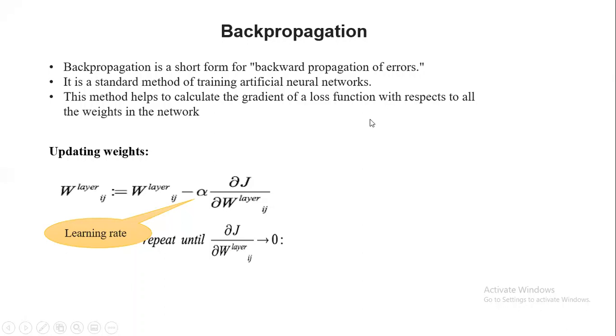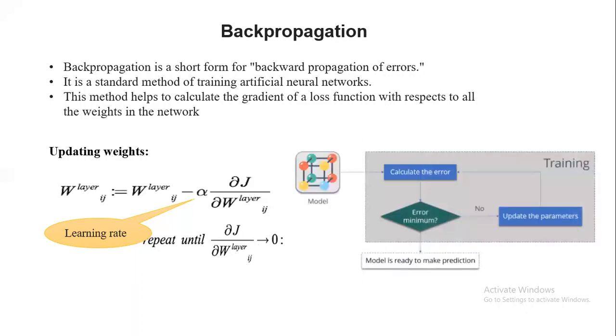Suppose here is a function having some slope. Where this gradient tends to 0, that will probably be the minimum point of the function. That's how we get the optimum value, minimizing the cost function.